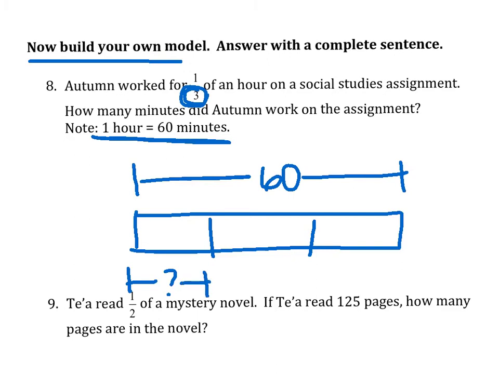So if we go back to some of these ideas from Unit 2 and our part-whole models, we take 60 divided by 3 because we have 3 boxes, right? 60 divided by 3 is what? What's that? 20? Okay, so how many minutes did Autumn work on the assignment? 20 minutes. Okay, and why don't you write out your sentence there too.